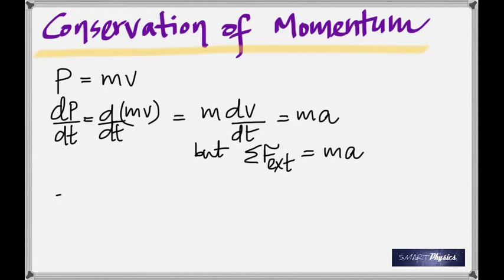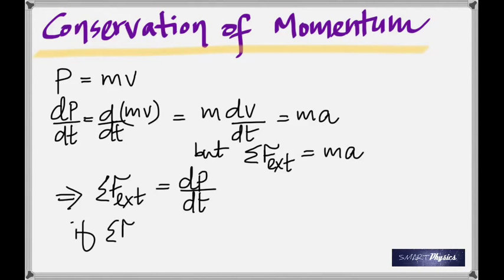Because we know that net external force is ma, compare the two. When you put them together, you get a new equation: the net external force is dp by dt. Is that making sense? Now if I set the net external force to 0, surely dp by dt is going to be 0.